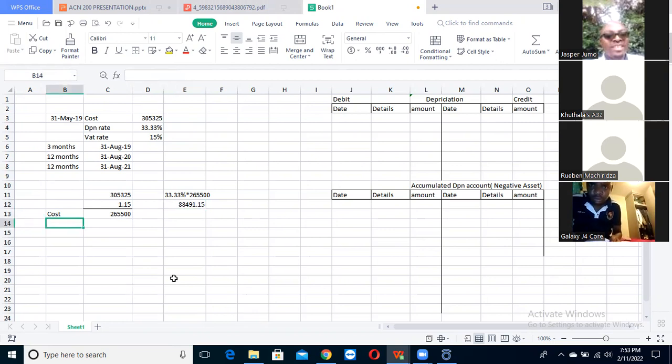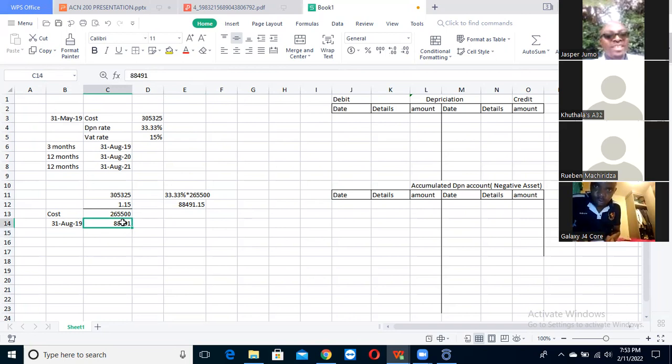So at 31 August 2019, our depreciation charge is this one. If we round it off to the nearest rand, it just comes to 88,491 rand. So that is our depreciation for the period of 31st August 2019.